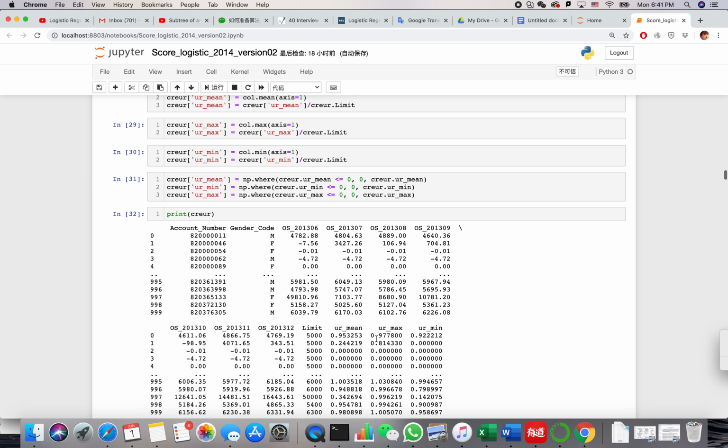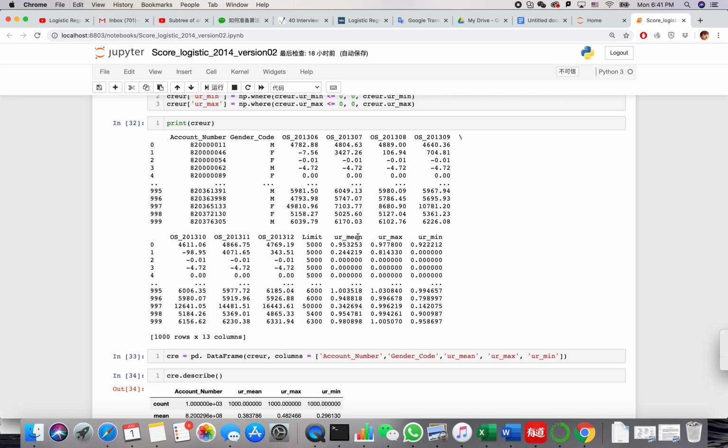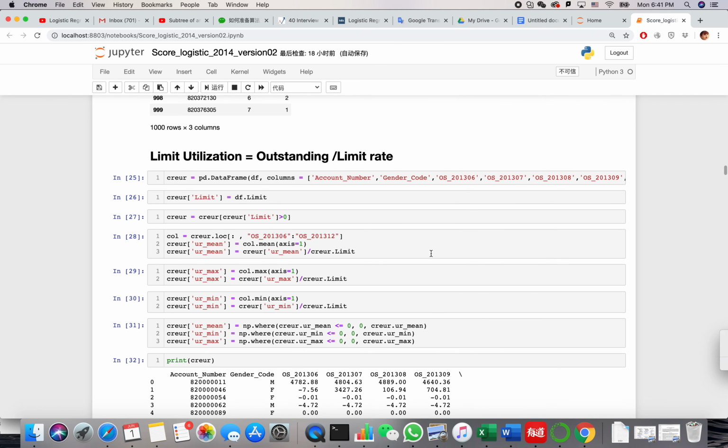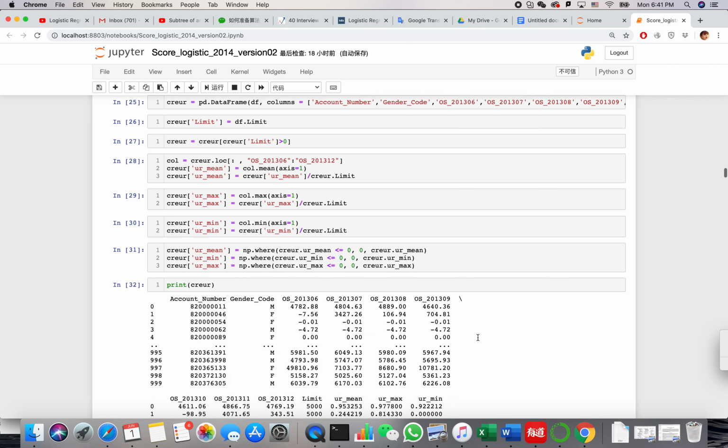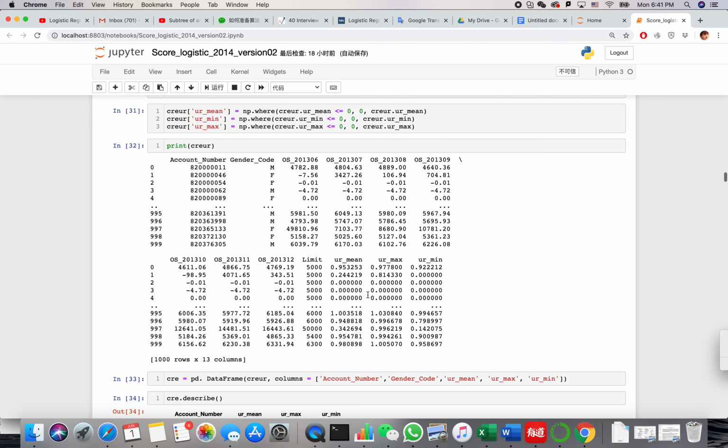So we get the mean and max and mean numbers for these limit utilization variables. We choose these 3.